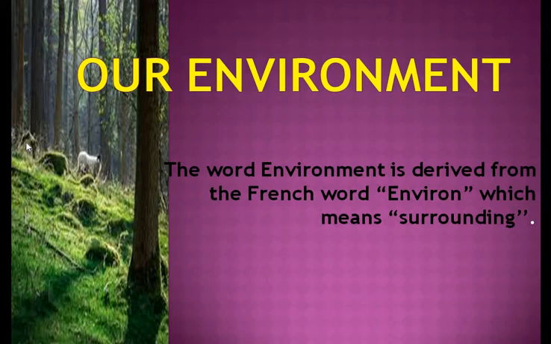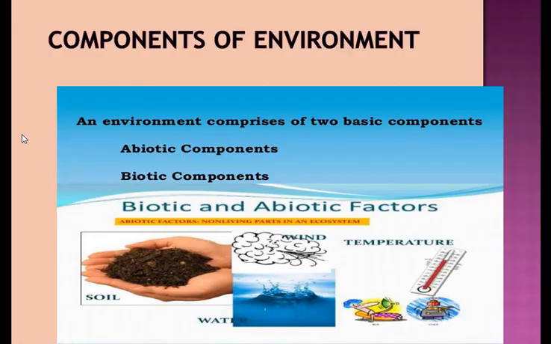So, we can say that the environment has basically two components. These two are the biotic component and the abiotic component. And both these components are very essential for the survival of the ecosystems.